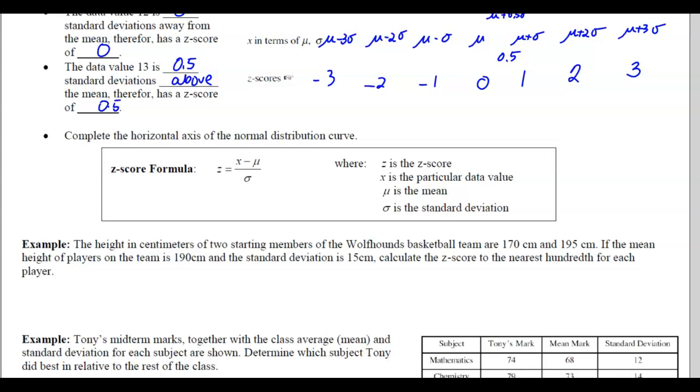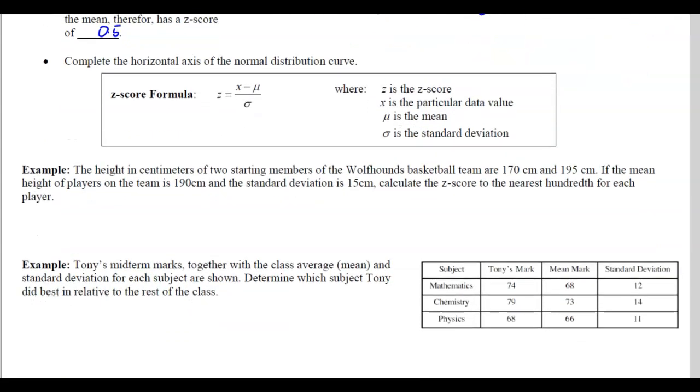Height in centimeters of 2 starting members of the World House basketball team are 170 and 195. The mean height of all the players on the team is 190. Standard deviation is 15. Calculate the z-score to the nearest hundredth for each player. So, z-score for player 1. So your data value of 170 minus the mean.